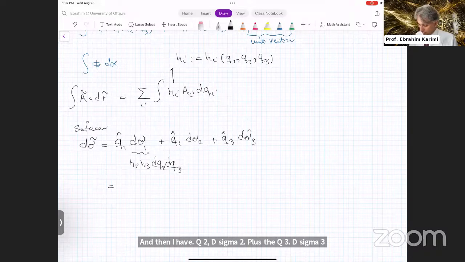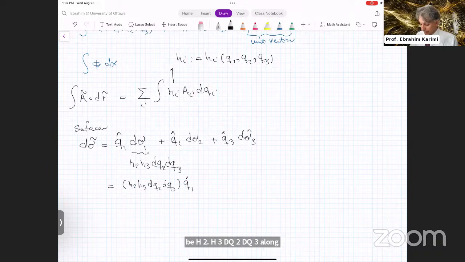So that will be equal to, if I write it down, h2, h3, dq2, dq3 along q1 hat.